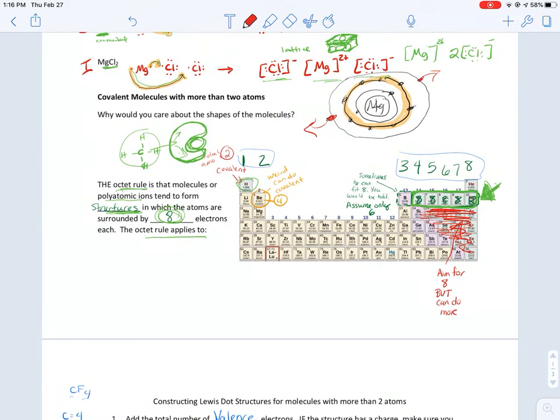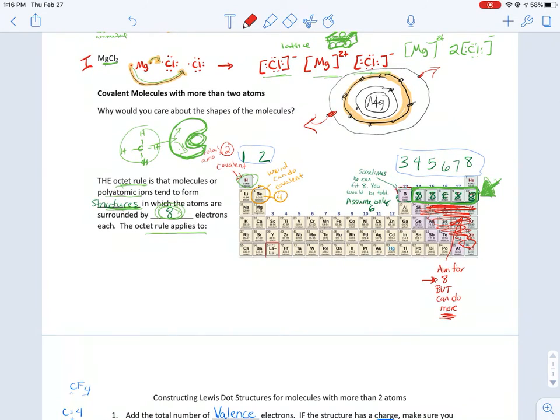Now, if you are below this line, all of these guys, you still can do covalent bonding, and you're going to aim for 8, but you can do more. And then we have a few that just can't quite do 8. You're going to go left. So boron: sometimes boron can fit 8, sometimes, but you would be told in that situation, you're going to assume that he can only hold 6.